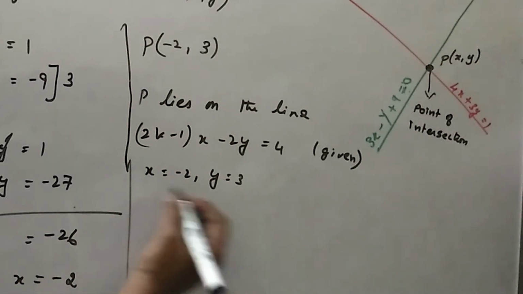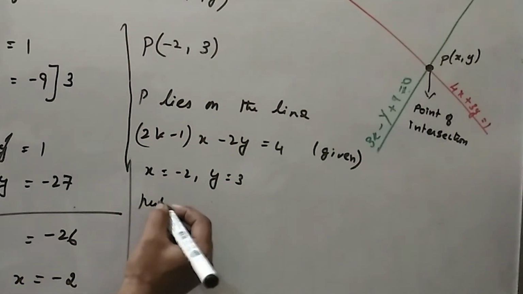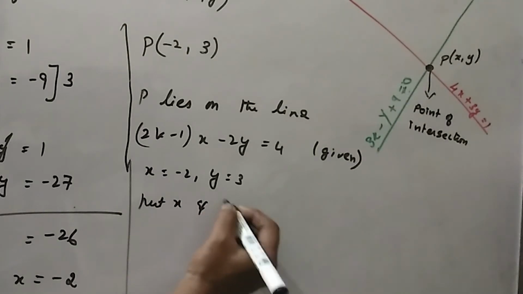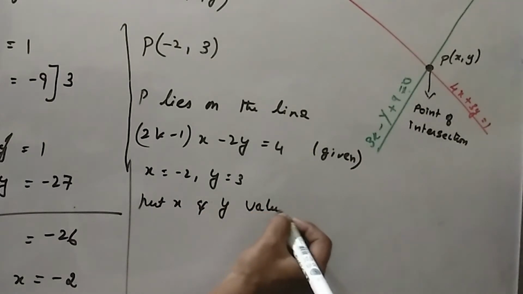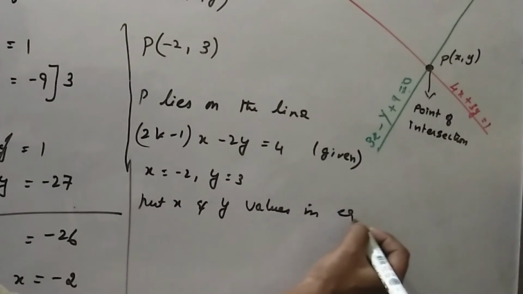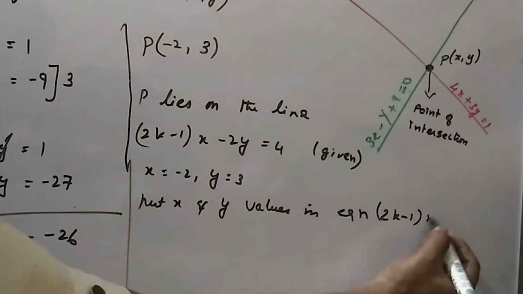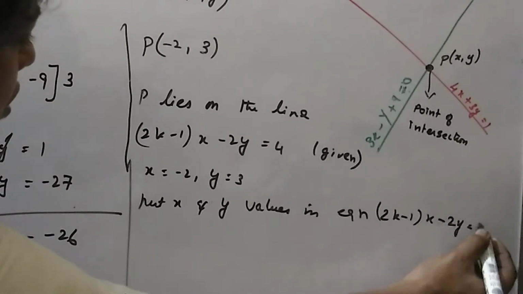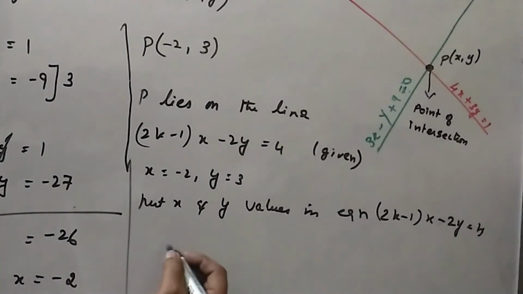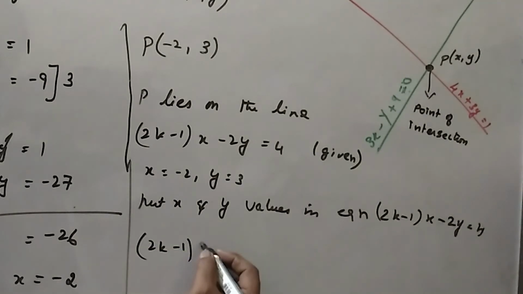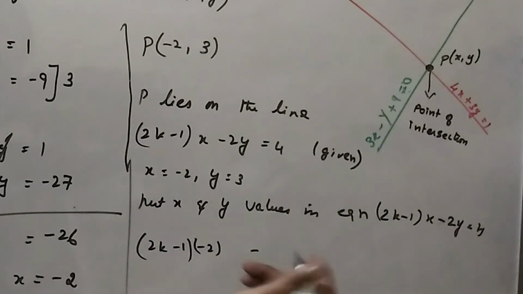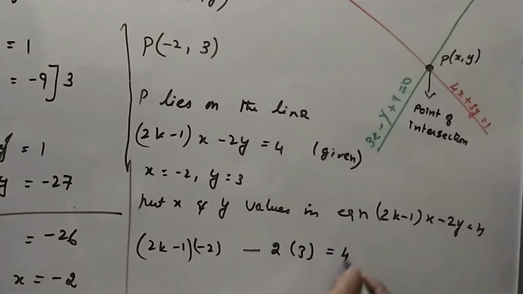Okay. Now you will put the x and y values in the equation. (2k minus 1)x minus 2y is equal to 4. Right, (2k minus 1) into minus 2 minus 2 into 3 is equal to 4.